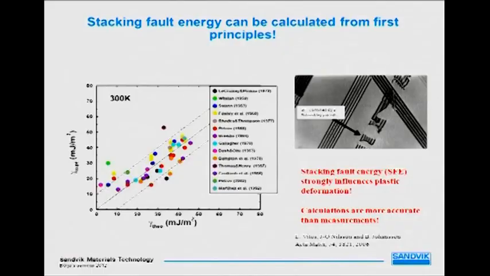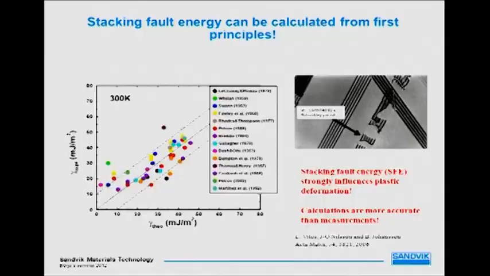The second example is from stacking fault energy. A stacking fault is created when a lattice dislocation is dissociated into two Shockley partials. And in between these partials, there is a stacking fault, a local HCP structure.